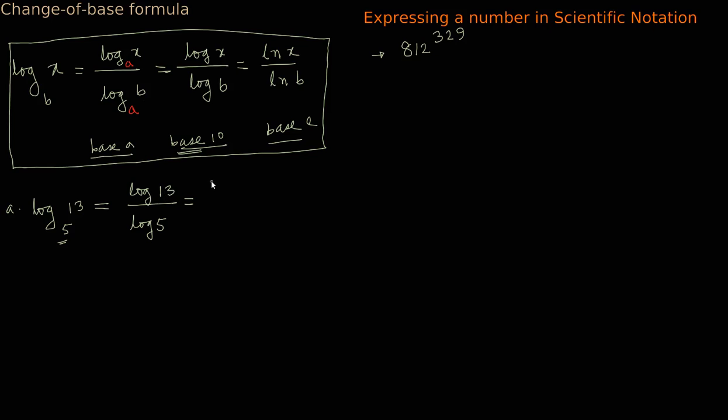So you are going to get 1.1139 over, and if you punch logarithm 5 in a calculator, you are going to get 0.699, and once you evaluate this, it is approximately 1.59369. Okay, so that's the approximate result.